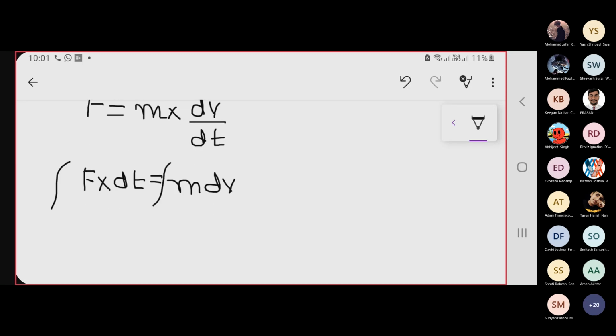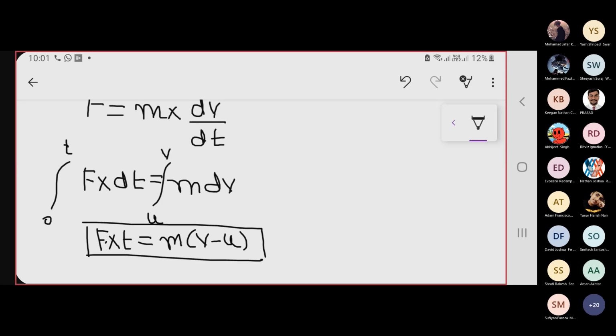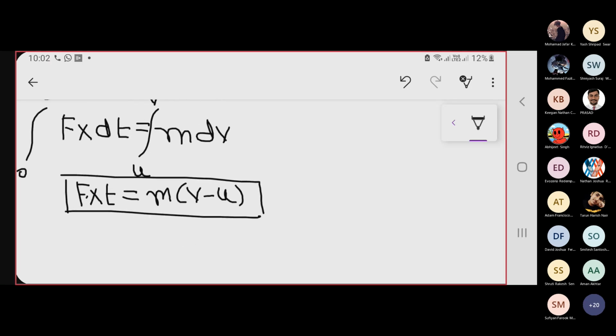If you integrate on both sides, we get F into t is equal to m into v minus u, with initial velocity u, final velocity v, initial time 0 and final time t. This quantity, force into time, is called the impulse, and impulse is equal to change of momentum.